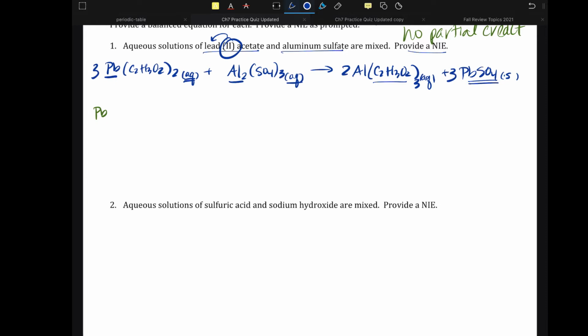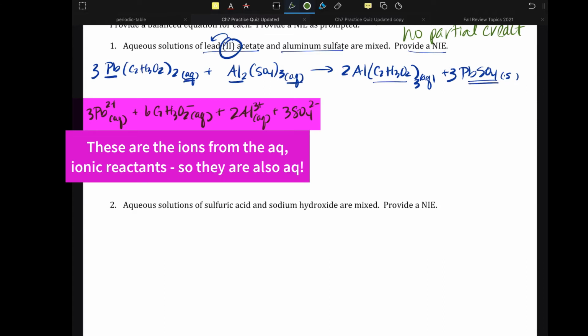So to work down to our net ionic, we have 3 Pb2+ ions that are aqueous. We have 6 acetate ions that are aqueous. We have 2 aluminum ions that are aqueous. And we have 3 sulfate ions that are aqueous.